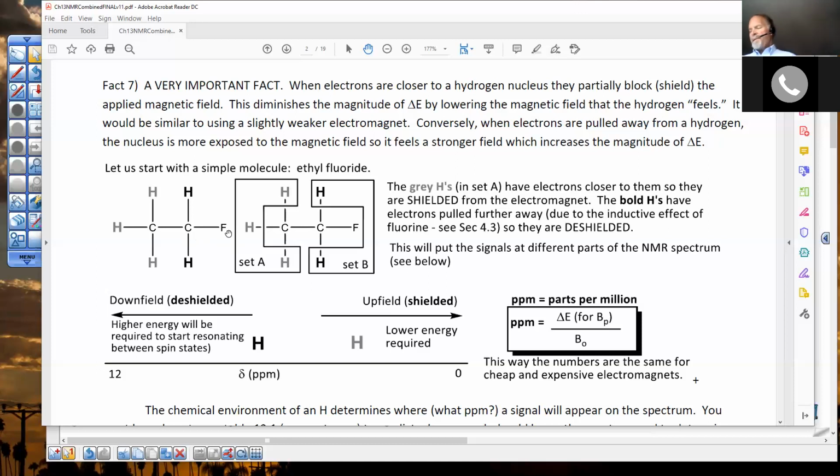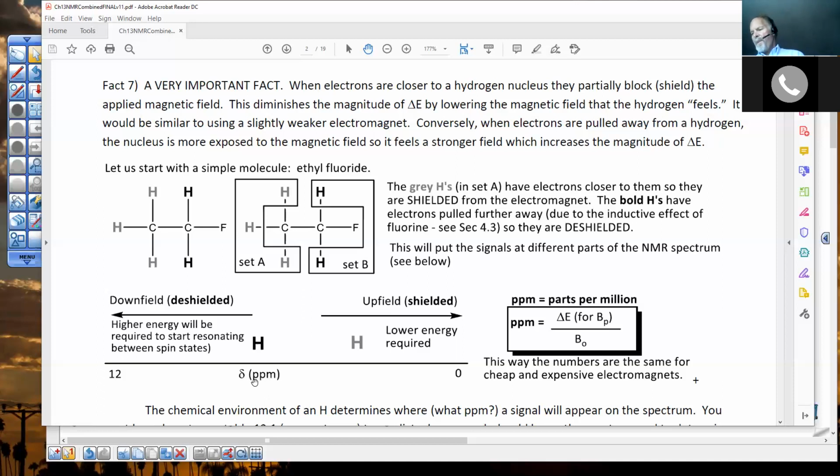So it will take more energy for you to cause the spins to resonate from the lower energy to the higher energy. It's going to take more energy for that to happen. And our charts for NMR, nuclear magnetic resonance, have units on the x-axis that depict how big the gap is in the energy.